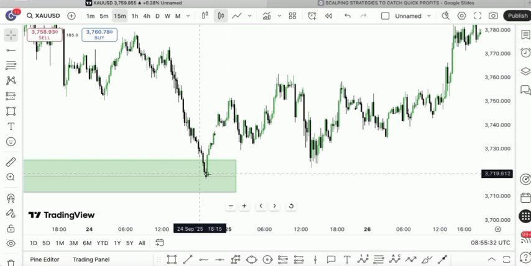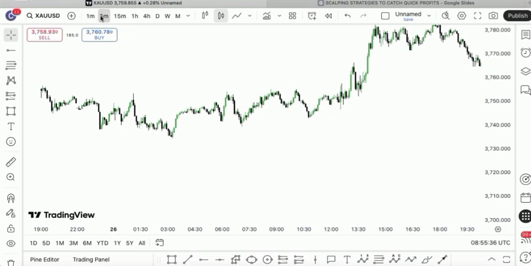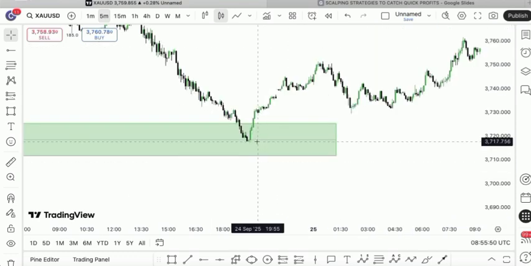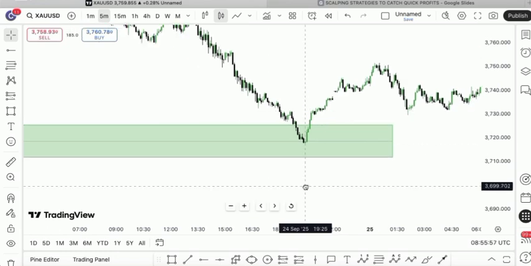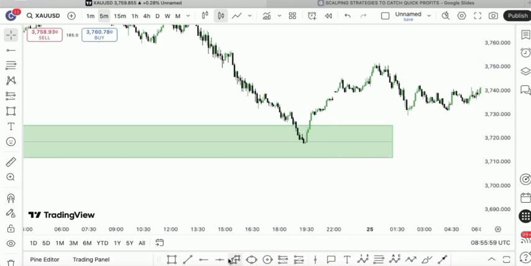So when you mark your support here, you come to 5 minutes. So this is the support. Already there's a break of structure here and there's a change of character. So this is where you get your confirmation: break of structure, change of character.